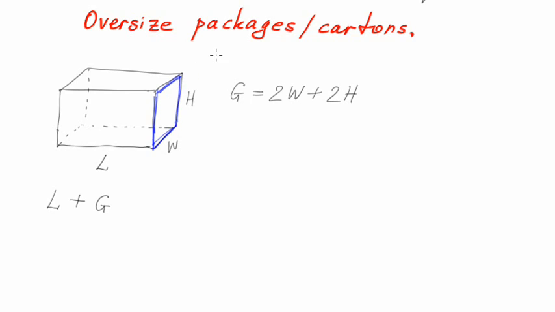If we add all these sides here, this is called girth. If length plus girth is more than 130 inches, then the package is considered oversized.